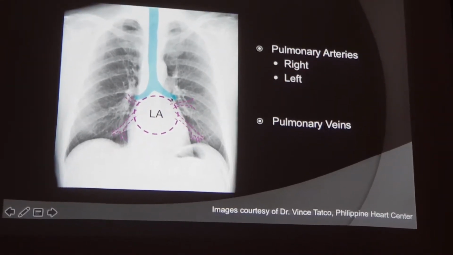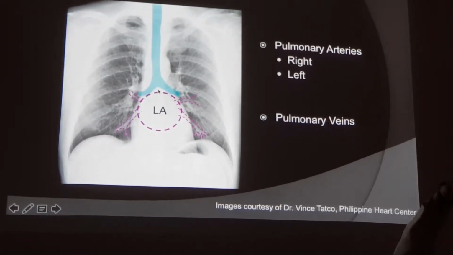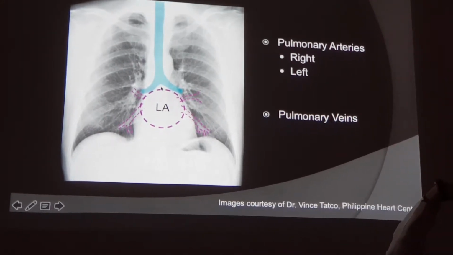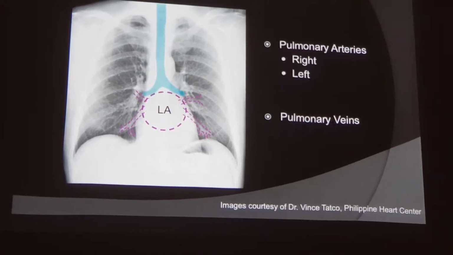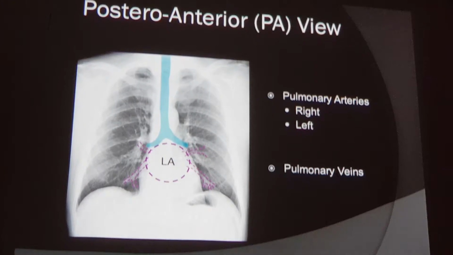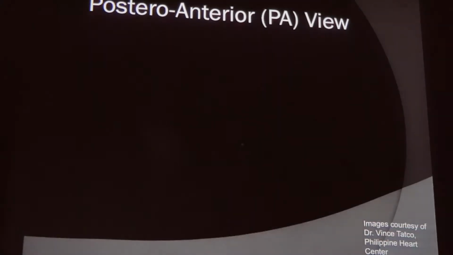So if you have left atrial enlargement, you will have widening of the carinal angle. The angle is normally less than 90 degrees. It's going to be more than 90 degrees. It's going to split. So that is what we call widening of the carinal angle. That is already indicative of left atrial enlargement.